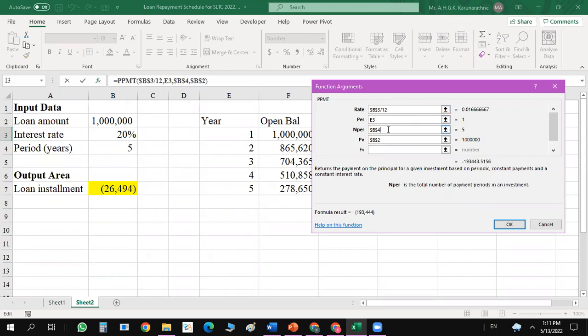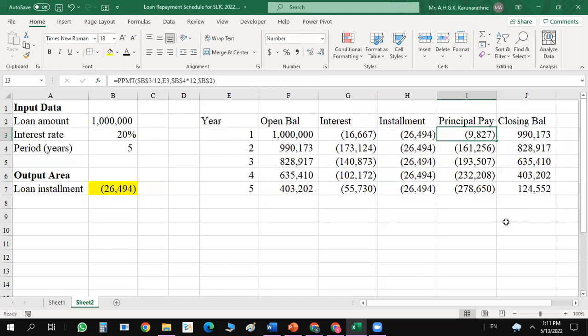Number of payments, here 5 means the number of years, but if it's on a monthly basis, it should be 5 times 12. And present value, the principal amount, remains constant, we'll leave it like that. Okay, this is what happens if it's monthly basis, and you can go for 60.